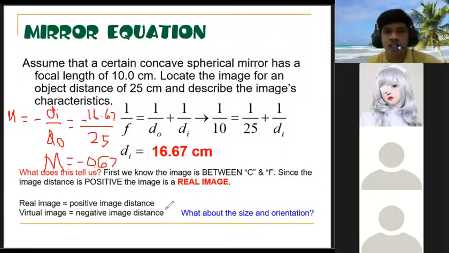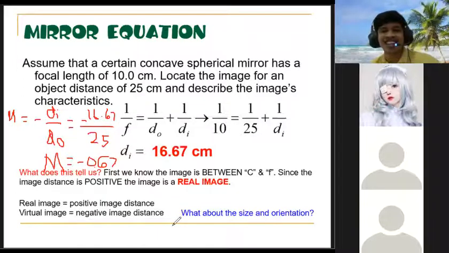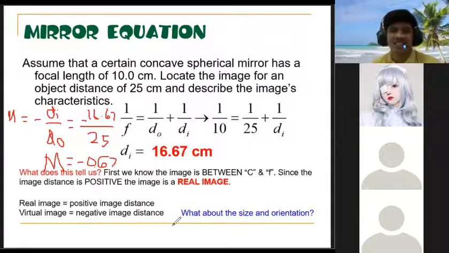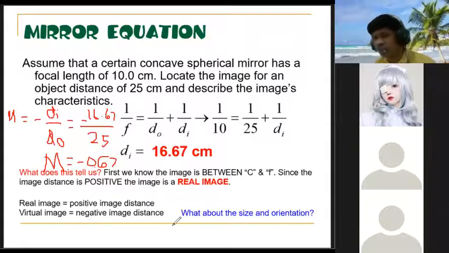It is reduced, because 0.67 is less than 1. And the negative sign is for the orientation. Negative orientation: is it inverted or upright?